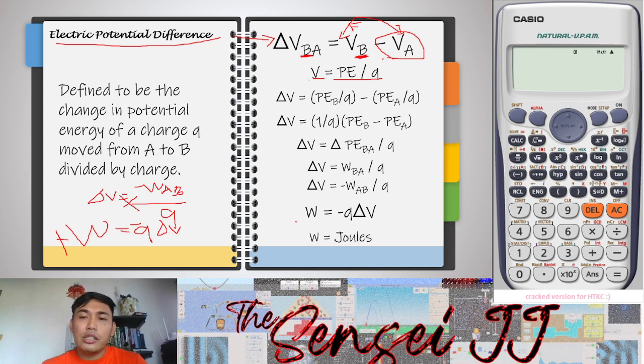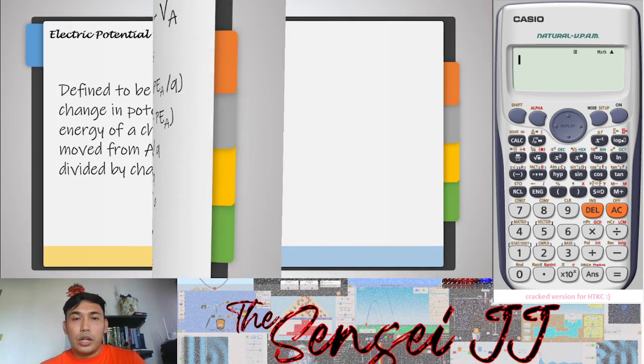Okay, so with this, our formula here will have a unit of joules. So we will have our working equation of W is equivalent to negative Q multiplied to electric potential difference, and the unit of our work will be joules. Still the same pa rin, wala na bago. Joules will be joules sa ating potential energy and sa ating work.